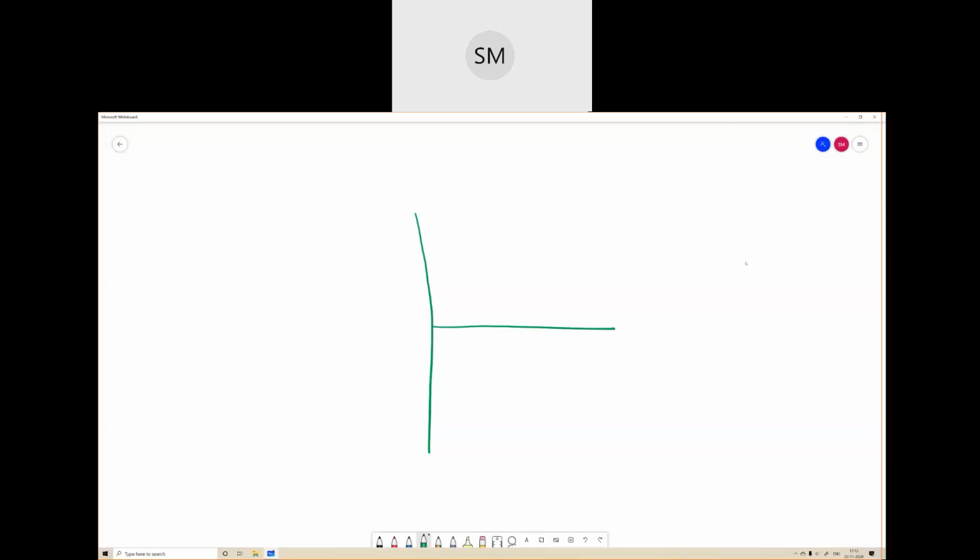This is my z axis, this is my y axis. Here we have two dipole antennas, but for our discussion, any antennas, we assume that they are dipole antennas.